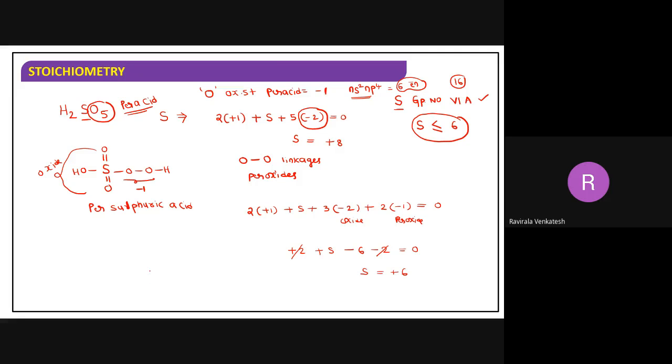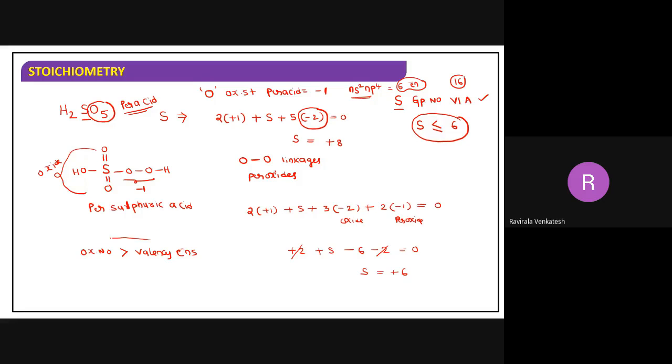Now, how to identify whether the given molecule is a peracid or not? Whenever we get an oxidation number more than its group number, or more than its valence electrons, then definitely they are peracids. Valence electrons are nothing but the outermost orbital electrons.